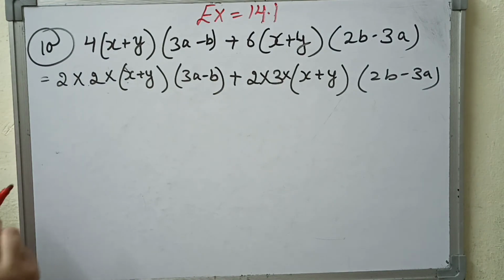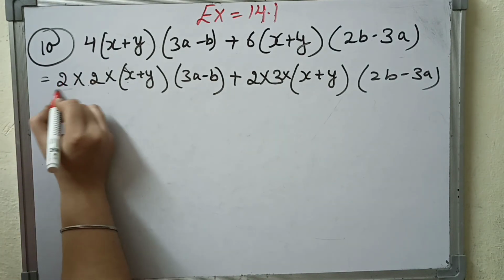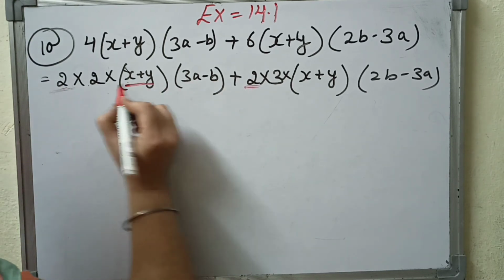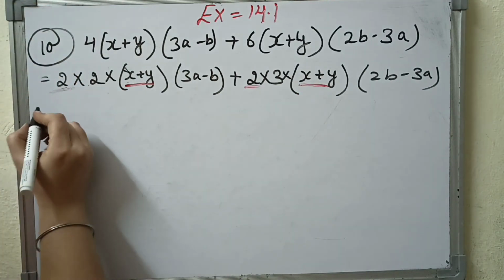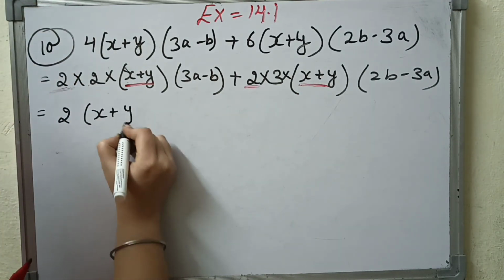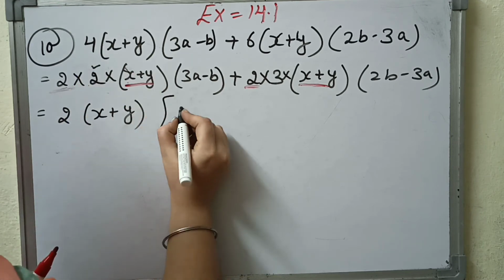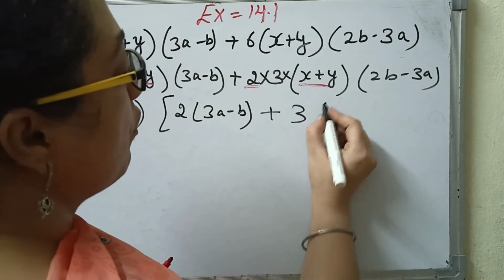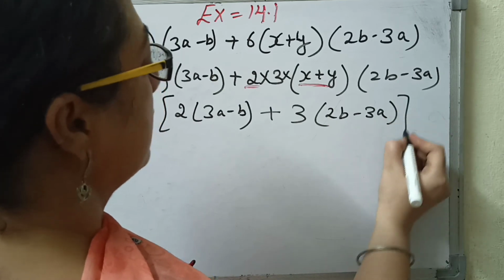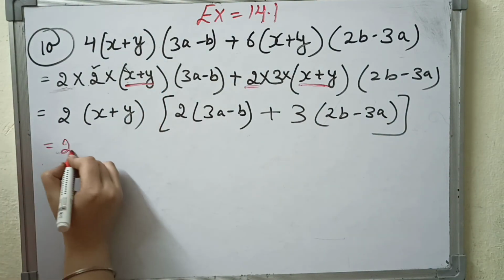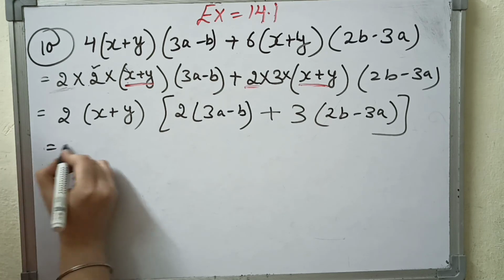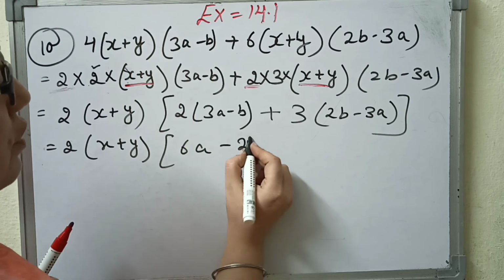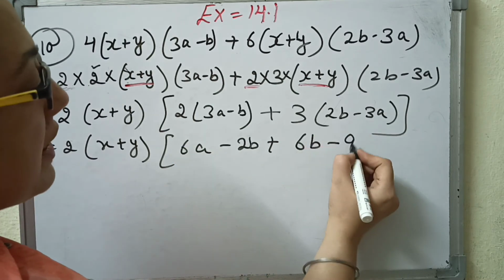Now in these two terms, taking out the common factor, 2 is common. Next, x plus y is common. So we write 2 times x plus y common, and the term which is left from the first is 2 with 3a minus b, and from the second term 3 is left with 2b minus 3a. Now I multiply the terms: 2 times x plus y, 2 3s are 6a minus 2b plus 6b minus 9a.